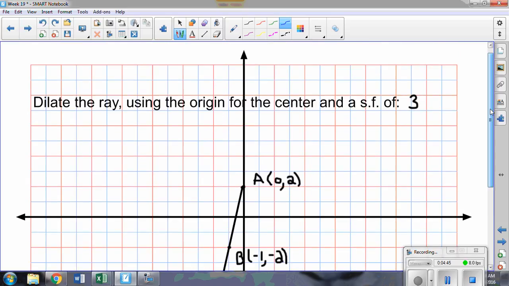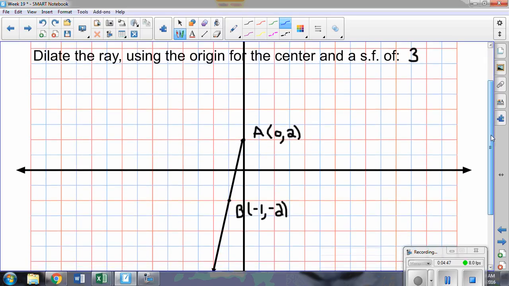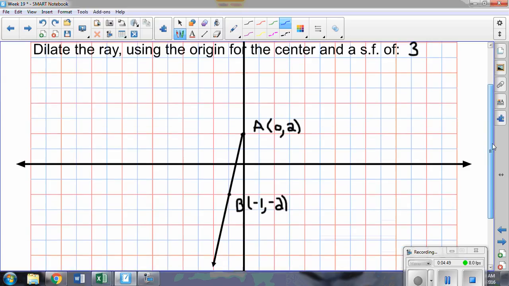All right, continuing with a scale factor of 3. Same thing, we'll just multiply by 3, so 2, 4, 6.